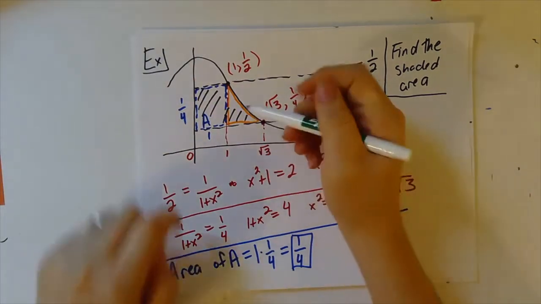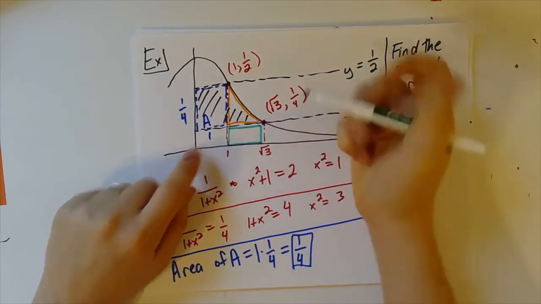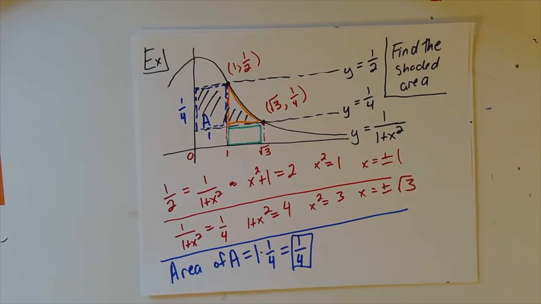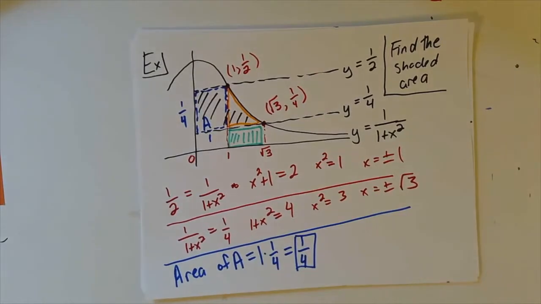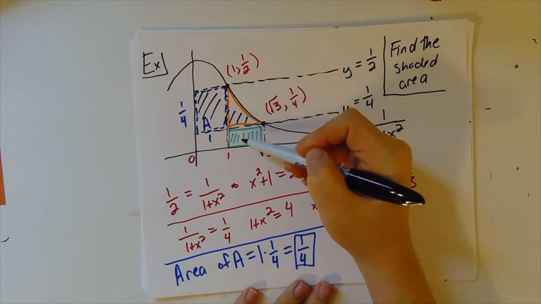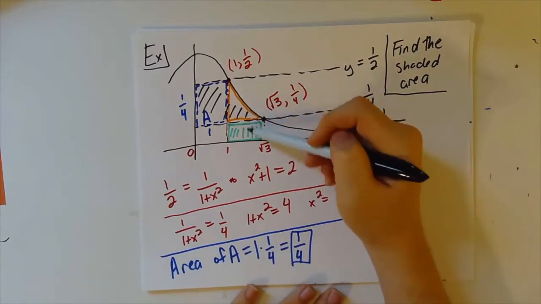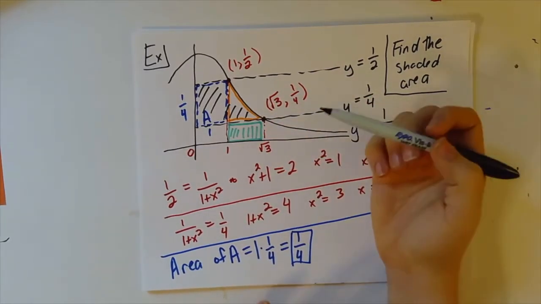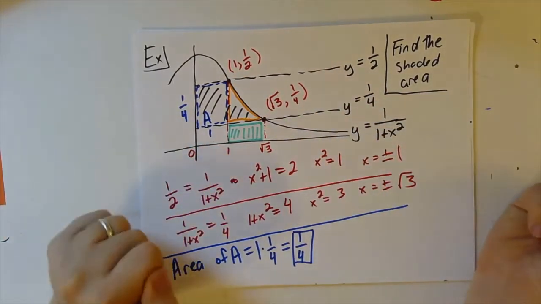But if I combine the orange region with this green region, which notice is not part of the black region, but if I put these two things together, then the orange and the green together give me an area that I could calculate with a definite integral, because the orange and green regions together are a region that is between the graph of 1 over 1 plus x squared and the x-axis.